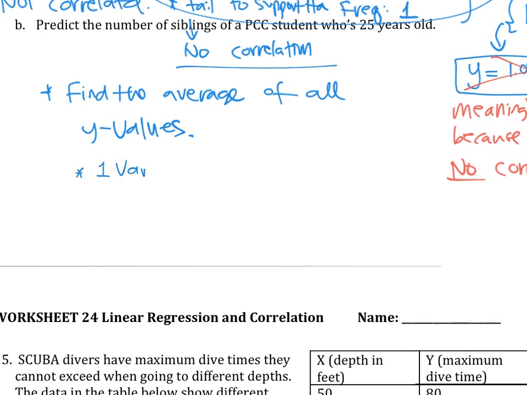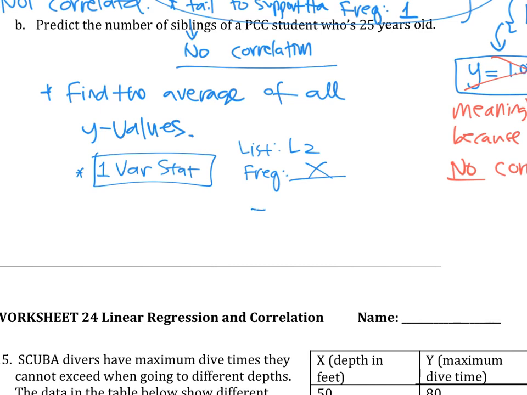Once you go there, it'll ask for the list. It's going to be L2. The frequency is going to be nothing, so just leave it blank. Then it'll calculate the average for you. It gives you the x bar, but here I'm going to use y bar because it's y, so it's 4.9. So I can say the average person has 4.9 siblings.